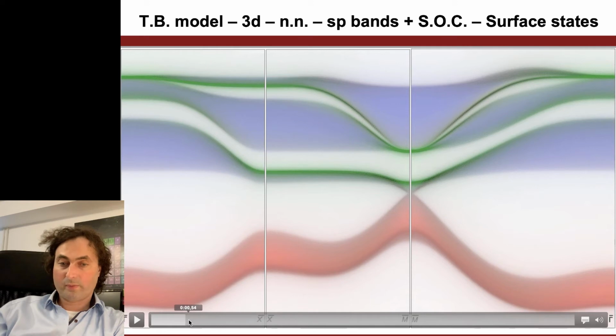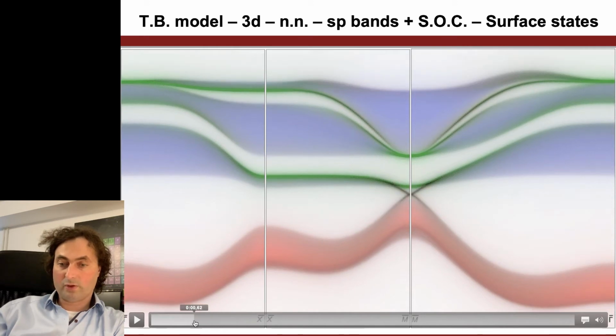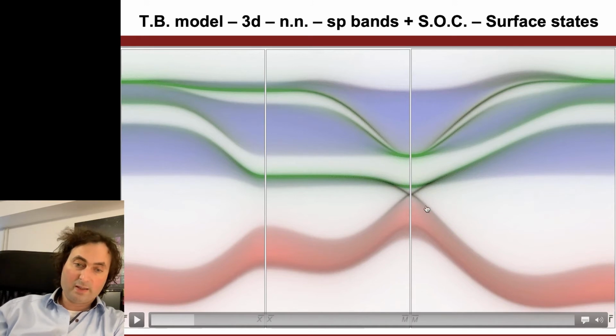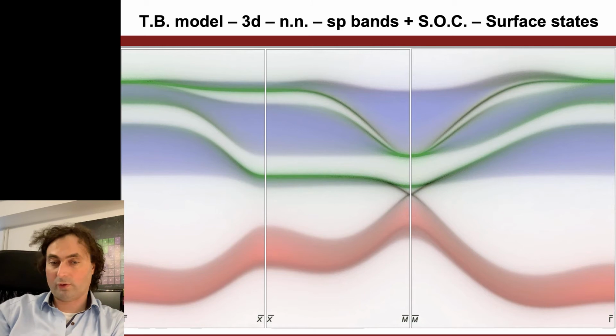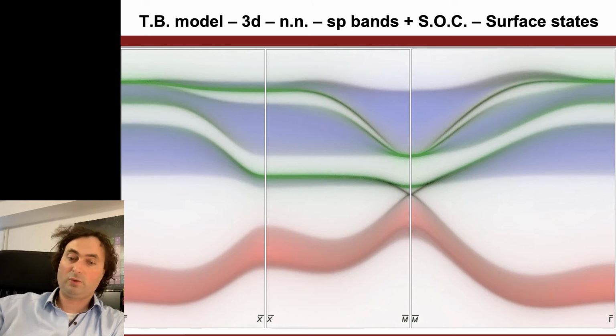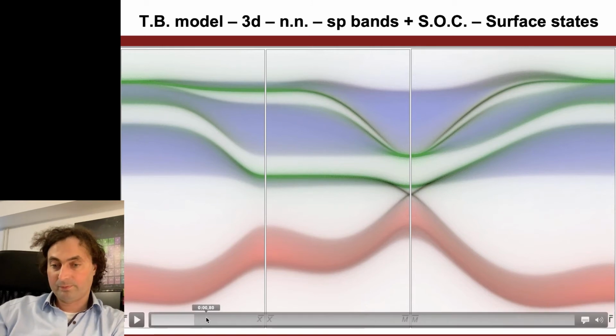Then when you make the on-site energy even larger, a gap opens, and inside this gap we have this nice cross and a surface state. It must be a metallic surface because you transfer from a topologically non-trivial state into a topologically trivial state.